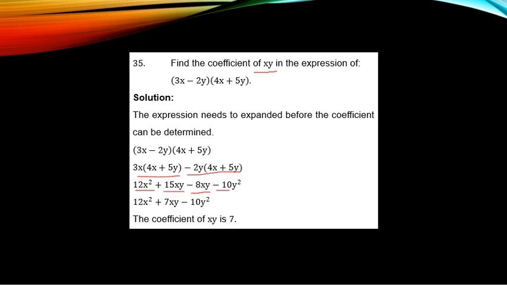Then y times y is y squared. The common terms, 15sy minus 8sy, when subtracted, you have 7sy. So the sy is clear now. And the number that is multiplying sy is 7. So the coefficient of sy is 7. It is 7.